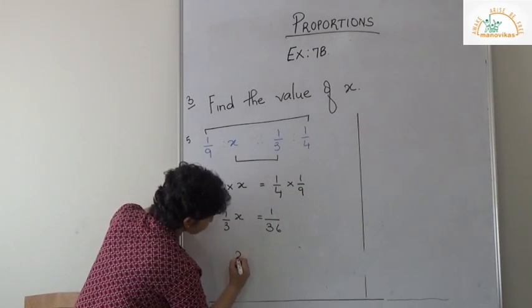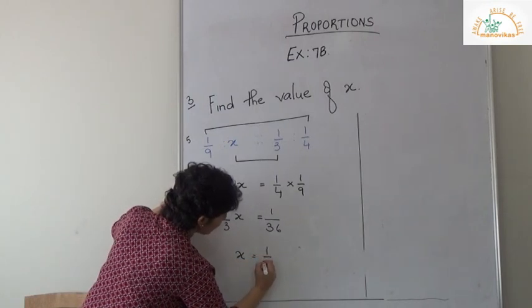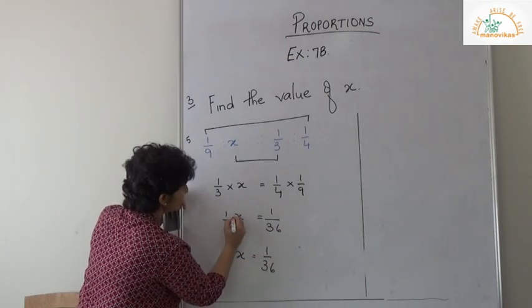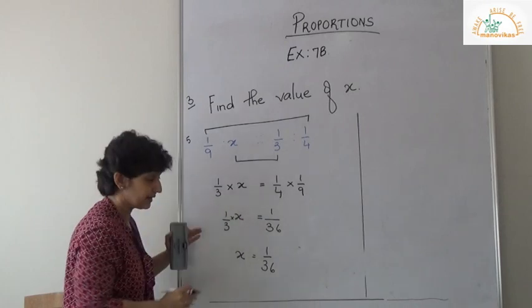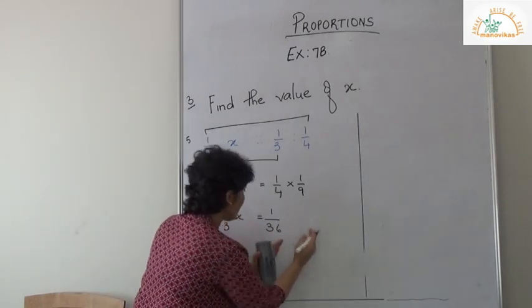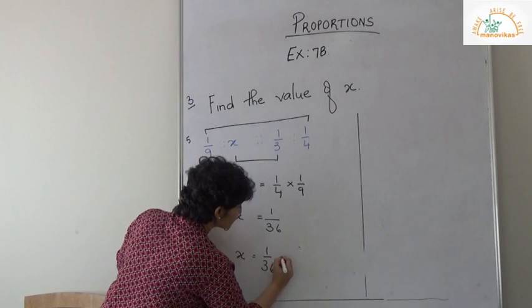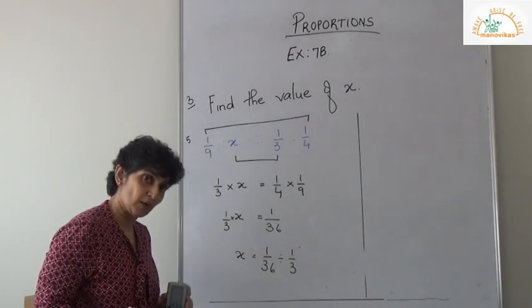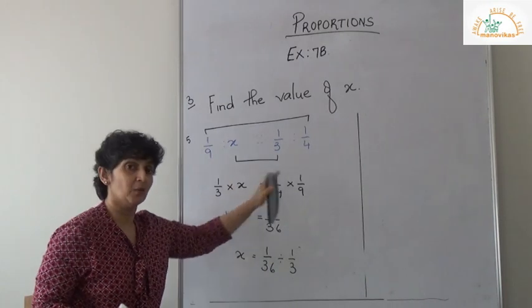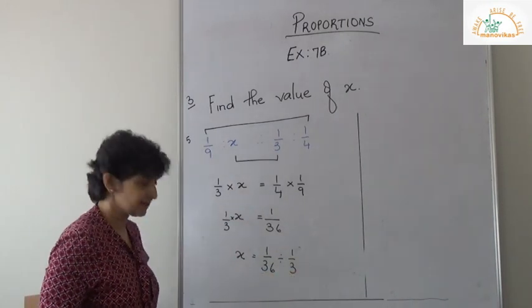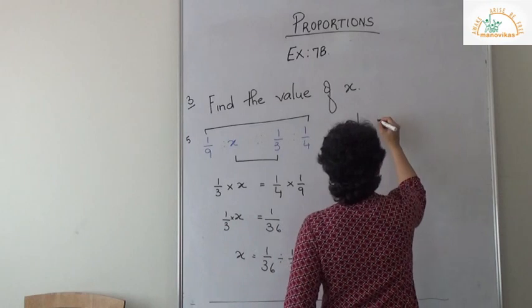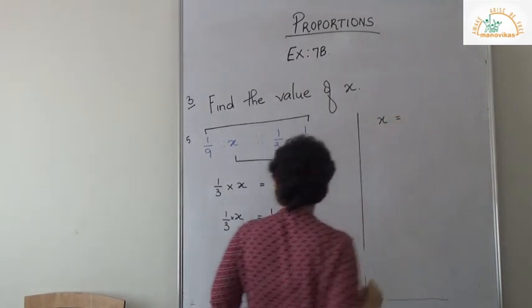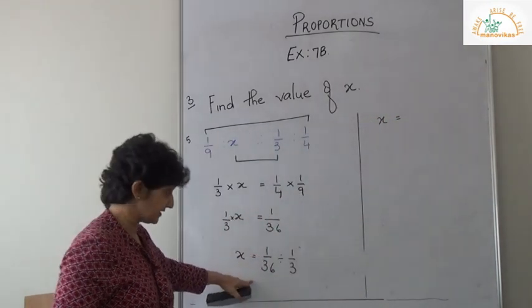Now, children, this is multiplied. So when I take this 1 upon 3 this side, it becomes divided by 1 upon 3. Have you understood? Multiply, when I take this side, it becomes divide. So when I rewrite this, x is equal to 1 upon 36.